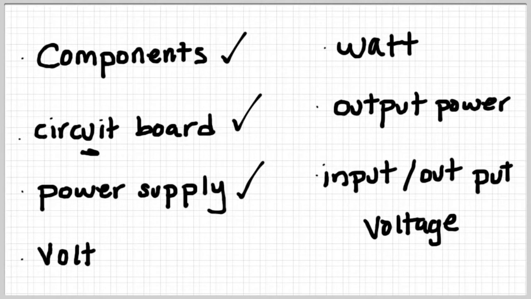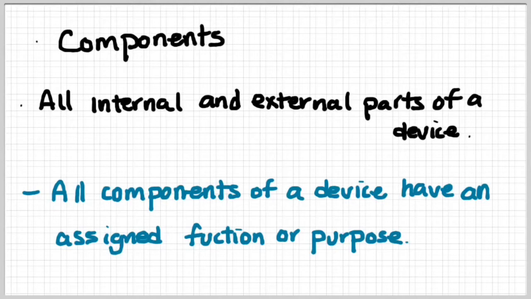Power supply. And the next word is volt. Volt. The next word is watt. Watt. Next word being output power. Output power. And the last set of words is input or output voltage. Input or output voltage.